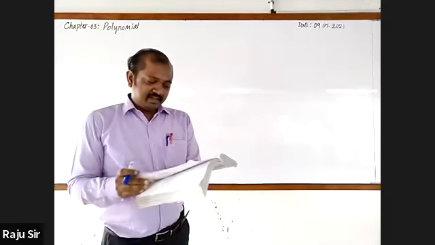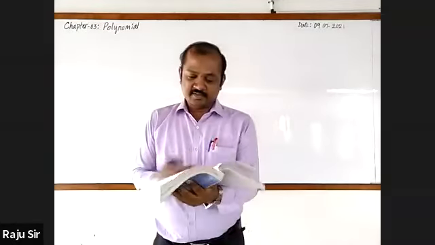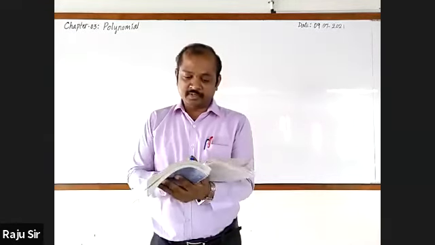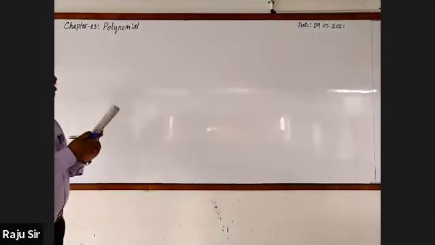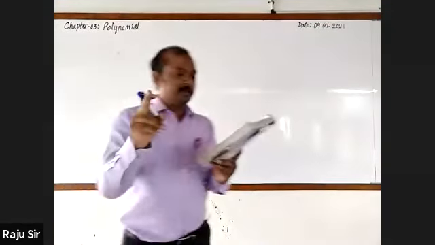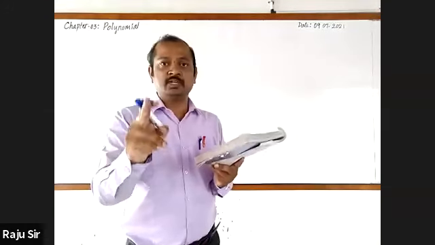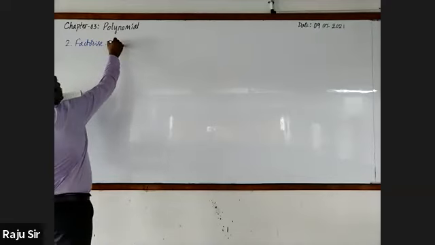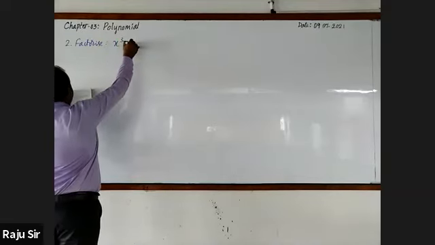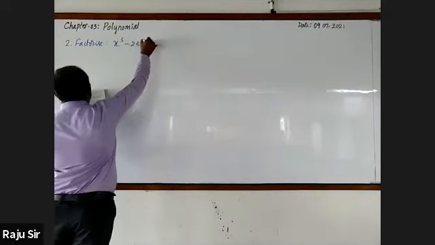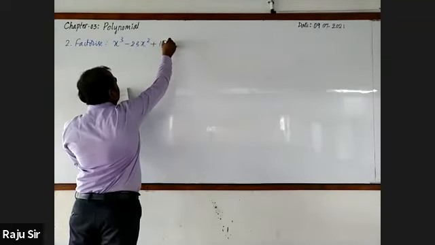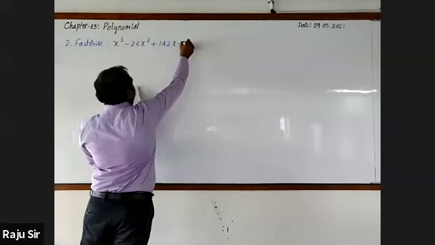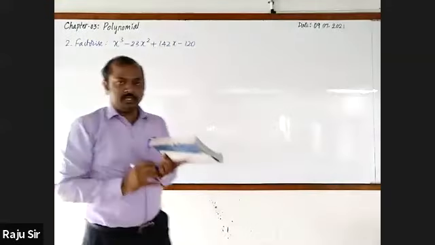Yes, we were factorizing the cubic polynomial. It is x cube minus 23x square plus 142x minus 120, right? Yes, sir. This is the second one. I'll write it again. Factorize x cube minus 23x square plus 142x minus 120.